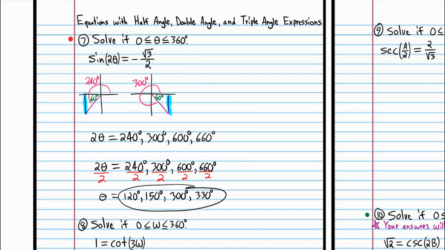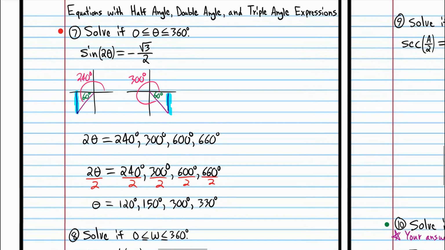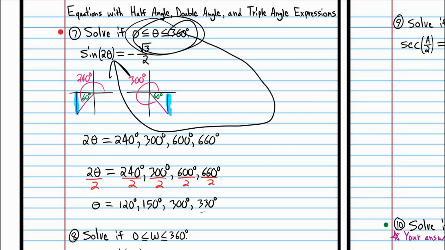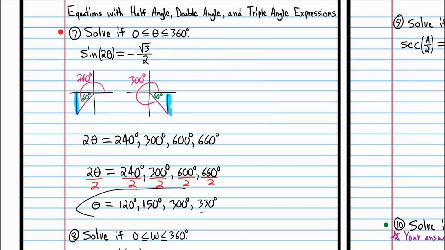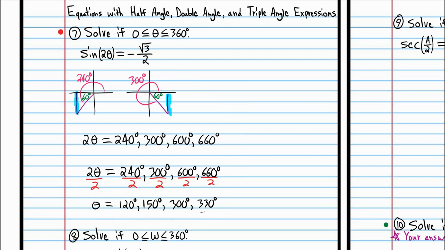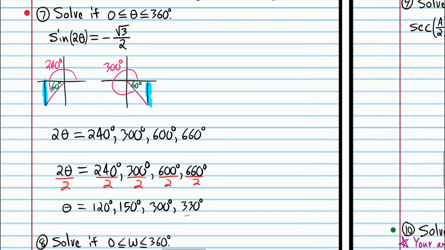You're thinking, why is he trying to trick me with this type of problem? Well, again, we're looking for the theta values between 0 and 360 that will work in this equation, and all of these values are between 0 and 360, and if you plug them in and multiply them by 2, you will get this ratio. So that's what we're doing here.